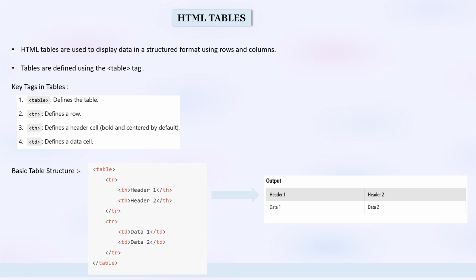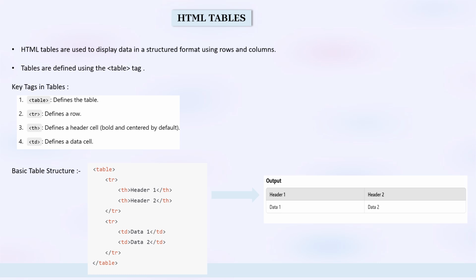So the key tags in tables: TR defines the row. TH defines a header cell, bold and centered by default. TD defines the data cell. Here is an example of a basic table structure. First, inside the table tag there is a TR tag for the rows, TH for the header section, and TD for the data cells which we write inside the columns.